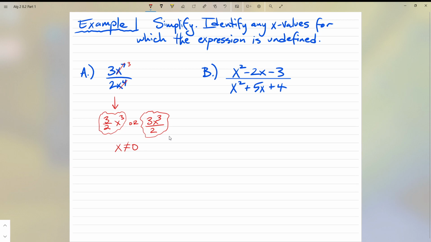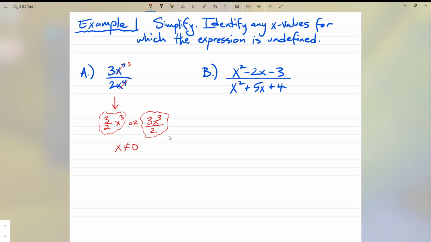Okay, so then we look at the problem on the right, B. We've got x squared minus 2x minus 3 over x squared plus 5x plus 4. If this looks familiar, that's because we did it quite a bit in the factoring chapter. You're supposed to remember how to do all of it, so I won't usually go over how to factor again.